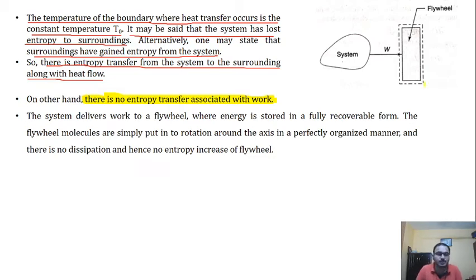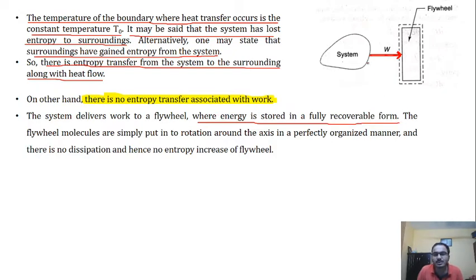Now if we focus on this figure, the system delivers work to the flywheel, that is over here. This system is delivering work to the flywheel, where the energy is being stored in fully recoverable form.